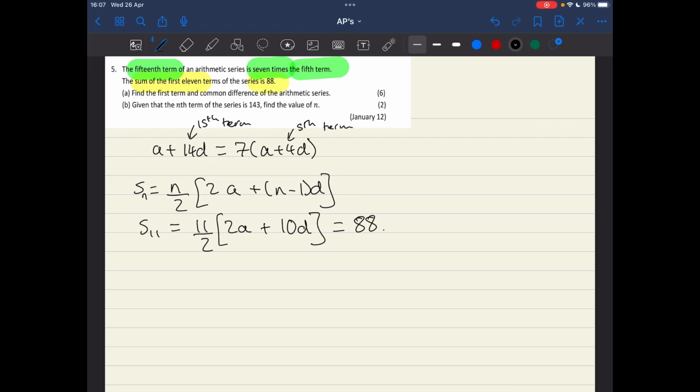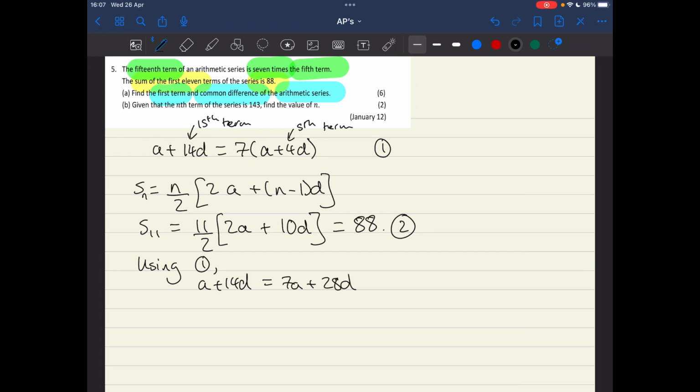Cool. So we have two equations here, equation number 1 and equation number 2. For part A, it asks us to find the first term, which is a, and the common difference of the arithmetic series. Using equation number 1, we know that a plus 14d is equal to 7a plus 28d.